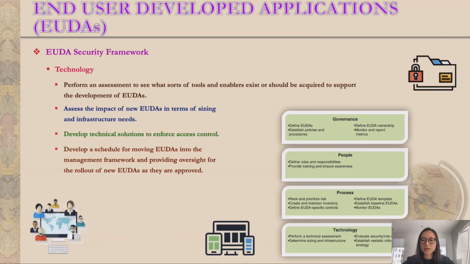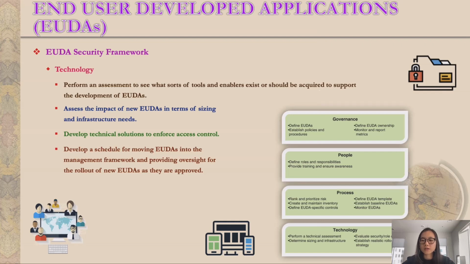In the area of technology, the organization should perform an assessment to see what sorts of tools and enablers exist or should be acquired to support the development of end-user developed applications. Specific end-user developed application management software tools can be deployed, where native functionality can be used with various degrees of available functionality. Next, the organization needs to assess the impact of new end-user developed applications in terms of sizing and infrastructure needs.